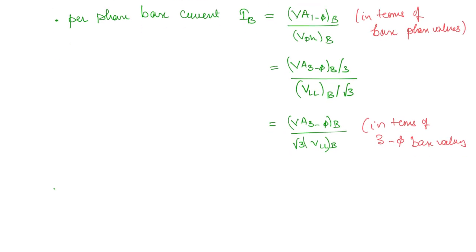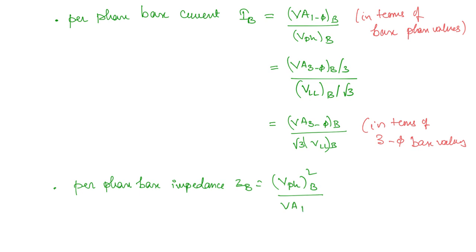Similarly, the per phase base impedance ZB. In terms of single phase values, it will be straightforward, right? So V phase base whole square divided by VA single phase base.